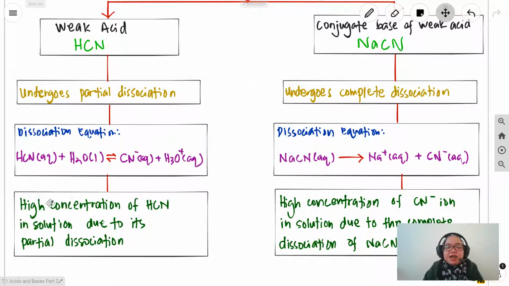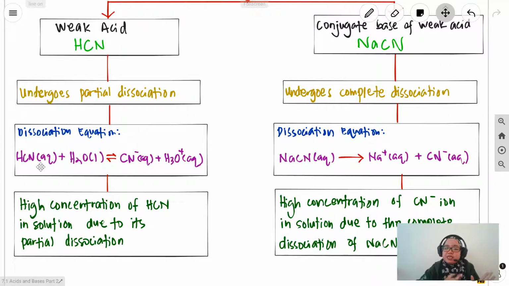However, there will be a high concentration of HCN at the end of the dissociation reaction because it only dissociates partially. So there is still a lot of HCN left, because only a little HCN has dissociated. So here there is still a high concentration of HCN due to its partial dissociation.